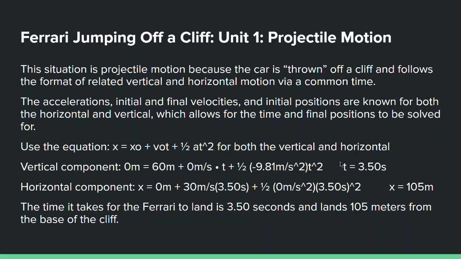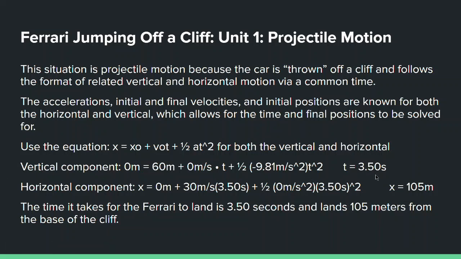So we start by using x equals x initial plus velocity initial times time plus 1/2 acceleration times time squared. And we can initially find the time it takes for the car to land using the vertical components because we know more of that information.